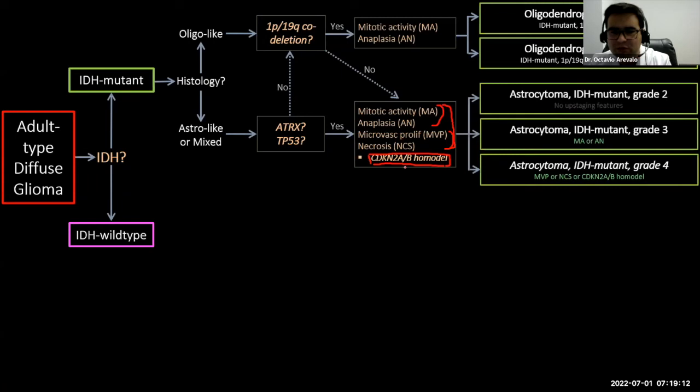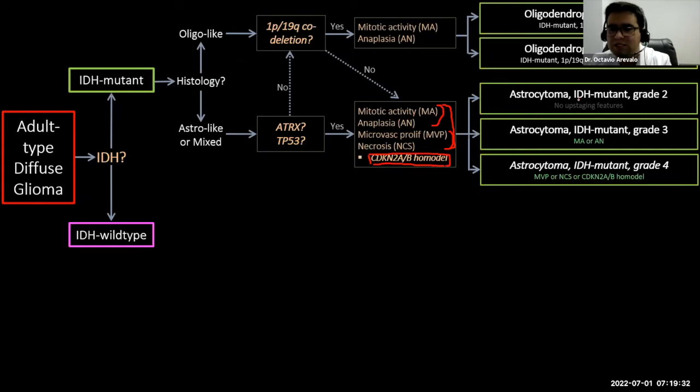So this is very important because here you can see that a single molecular abnormality that cannot be seen by the naked pathologist eye will automatically upgrade the tumor to a grade 4, regardless of the absence of microvascular proliferation or necrosis on histology.